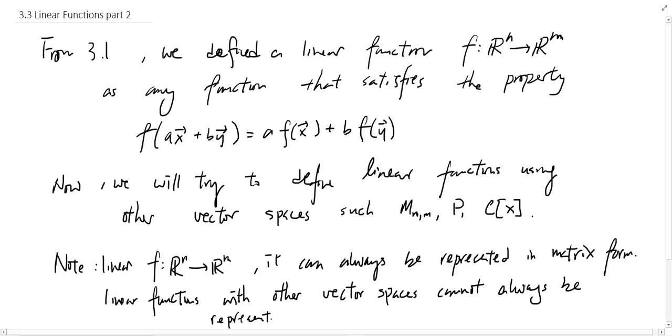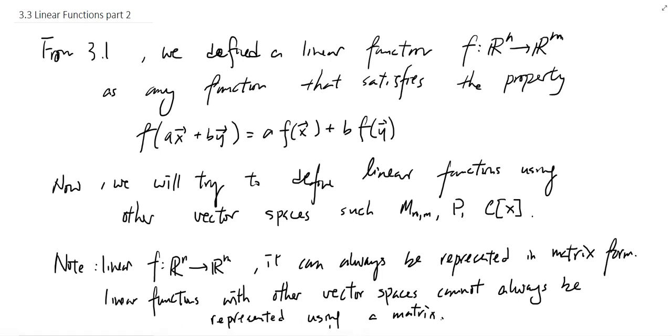Of course, if it can be represented in matrix form, it will make our life a lot easier. But there are some that won't be able to do that, and unfortunately for those, we just have to live with it and try to figure something else out.